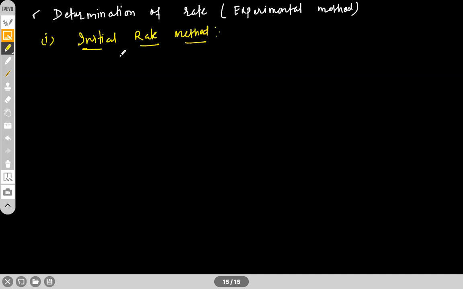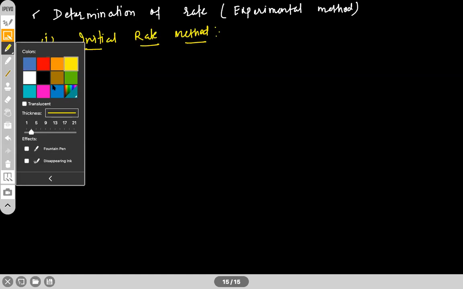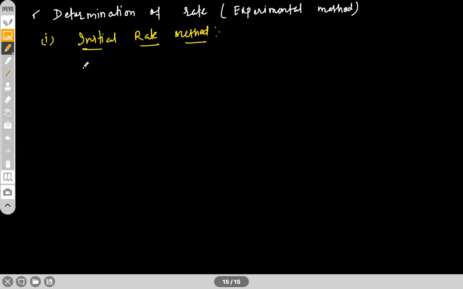So suppose the reaction is n1A plus n2B plus n3C gives product. Okay, and the rate law, the rate expression, is given.